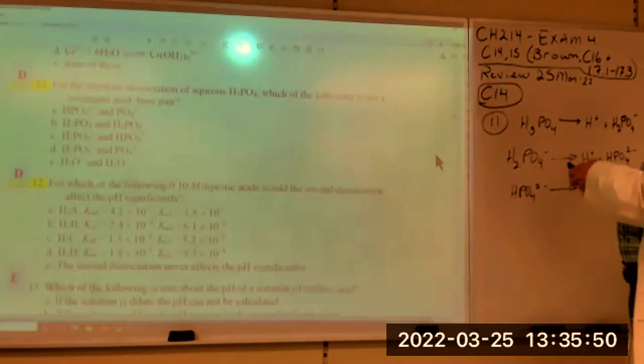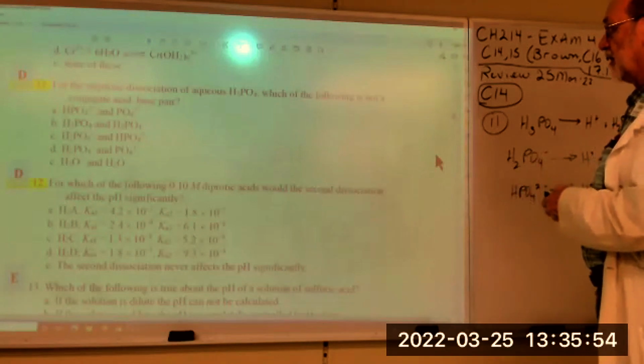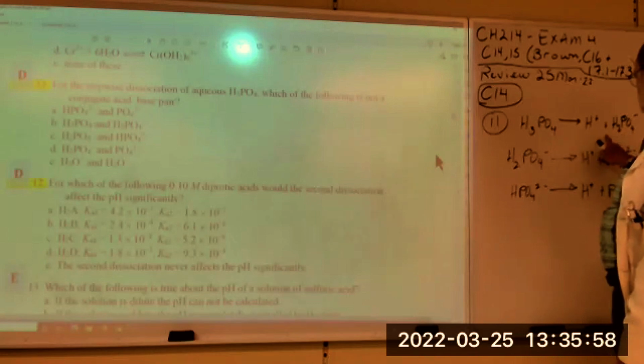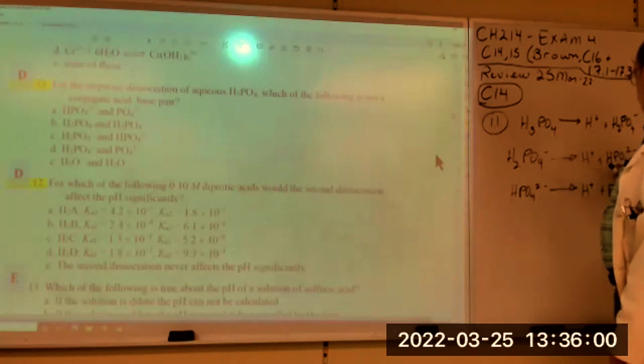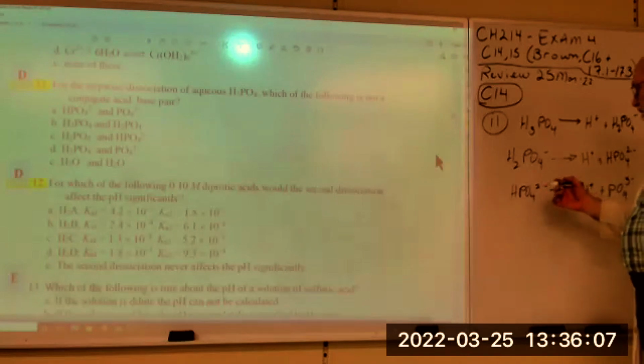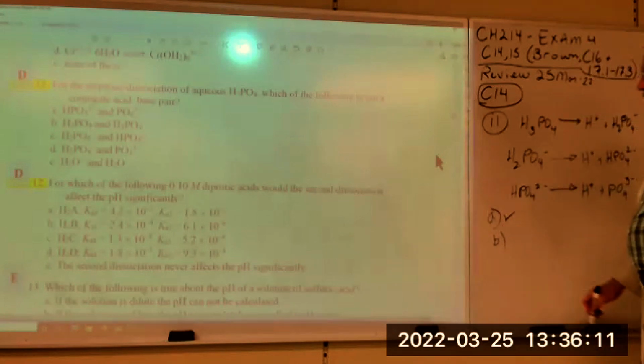Okay, let's see, what do we have? Which of these is not a conjugate acid-base pair? HPO4 2 minus, PO4 3 minus. Okay, A is good. How about B?